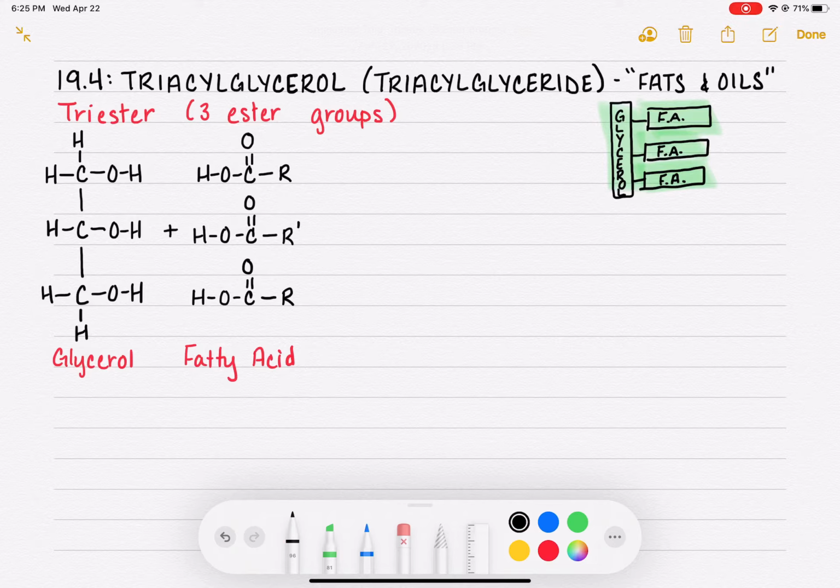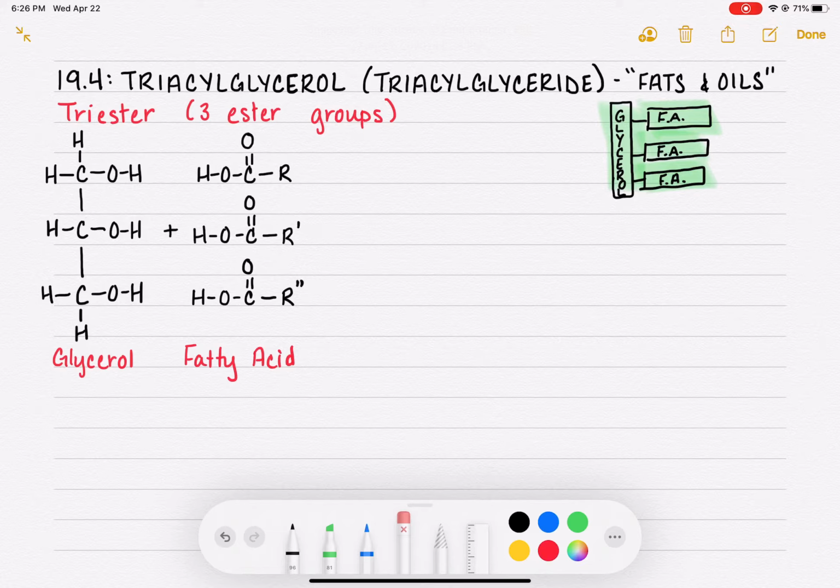I'm going to put a prime, which is like an apostrophe, next to the second R, and a double prime, which looks like a quotation mark, next to the third. So that notation is the way that we would say that these three R groups are not identical. So these are three different fatty acids.